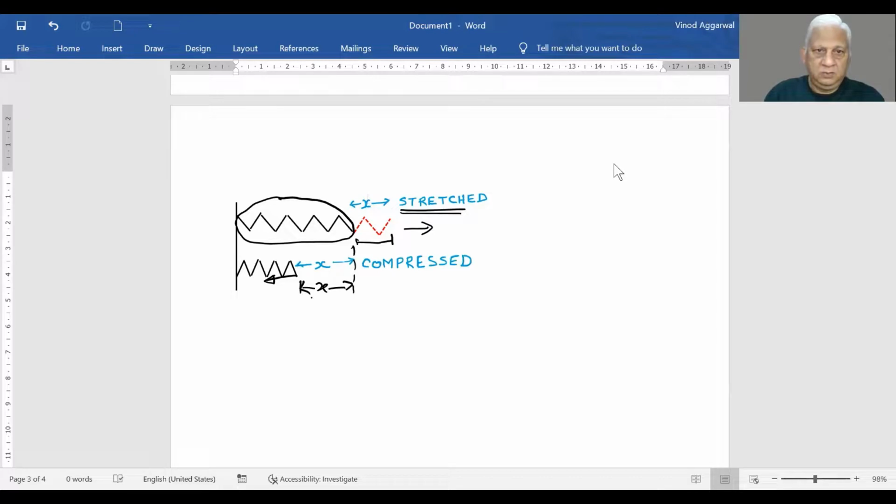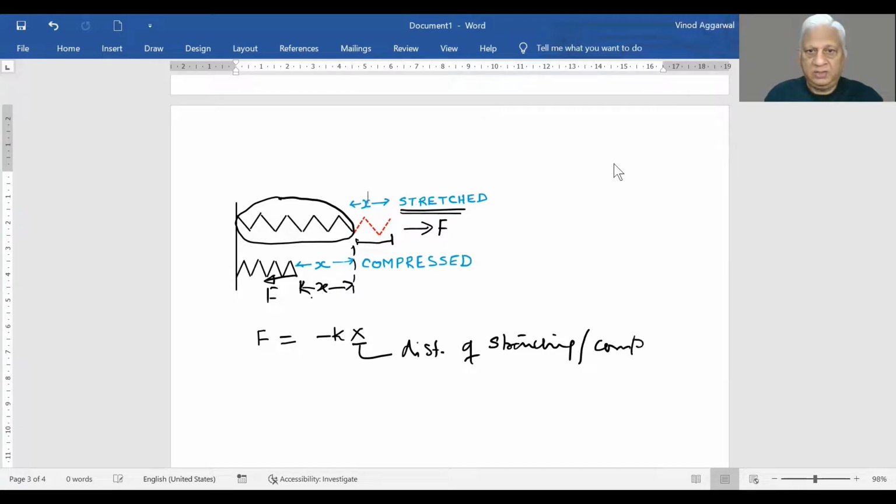Now, you apply force in either case, whether you want to pull it or push it. The force applied on a spring is equal to minus kx. x is the distance of stretching or compressing. In stretching, you elongate a spring. In compression, you shorten the spring. k is called the spring constant.